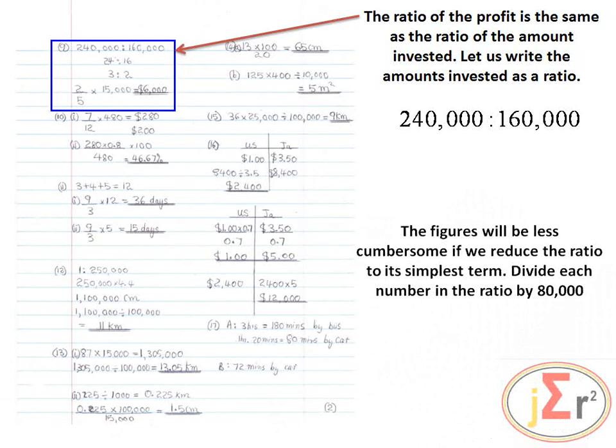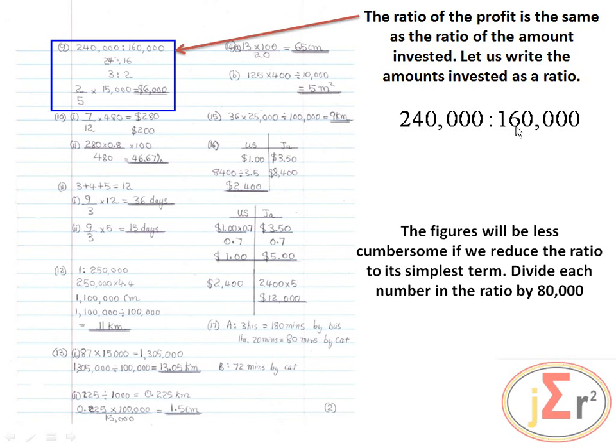The figures will be less cumbersome if we reduce the ratio to its simplest terms. Divide each number in the ratio by 80,000. Well, we should see very quickly that 16 and 24 are multiples of 8.